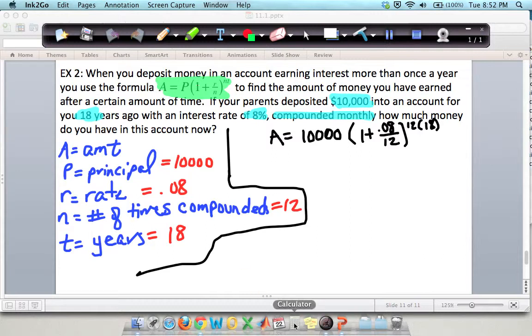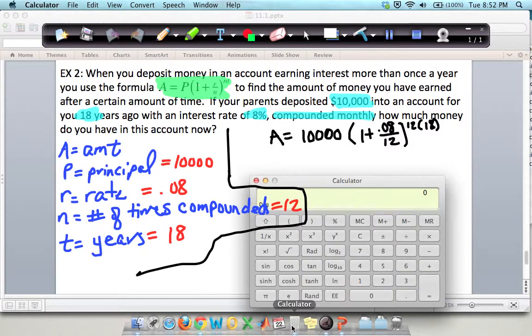So you can put this in your calculator all at once. One thing that does help is to actually make maybe the exponent one number. So I'm going to just do the 12 times 18. You get 216.